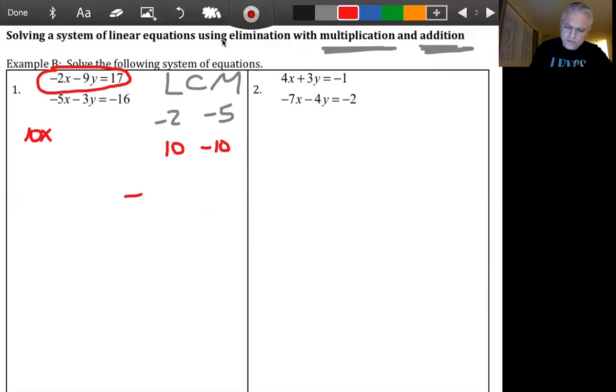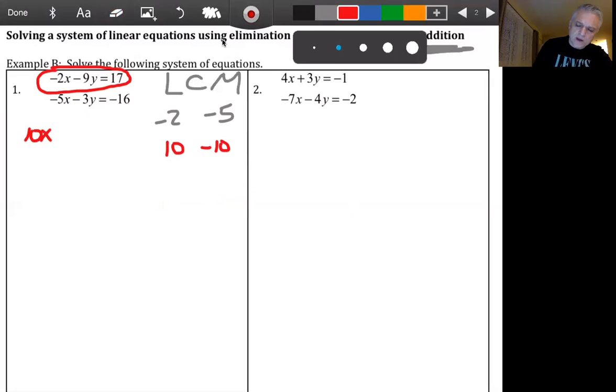How did we go from -2x to 10x? We multiplied by something. -2 times what gives you +10? Hopefully you're saying -5, and that would be absolutely correct. I'm going to multiply this first equation by -5.